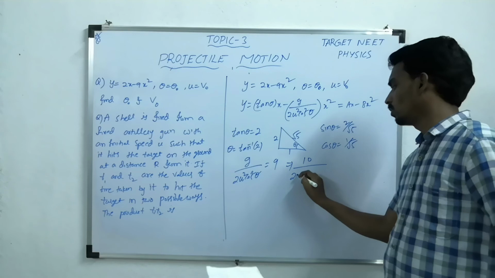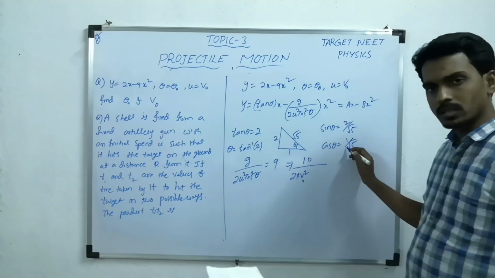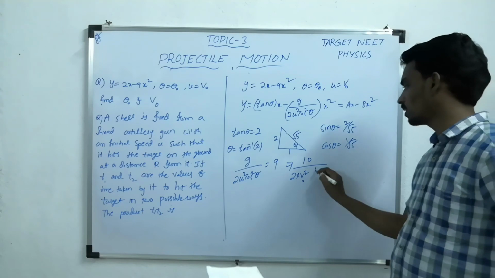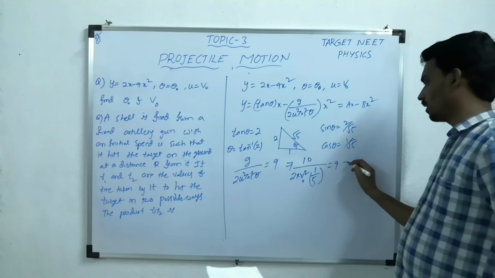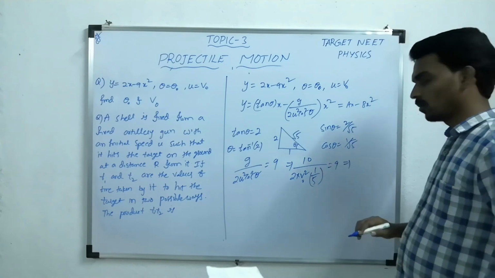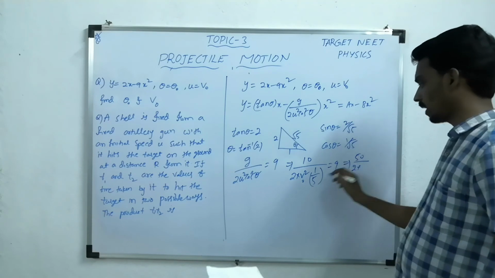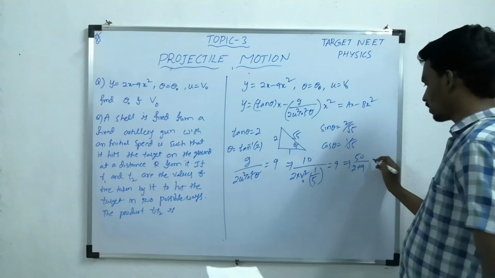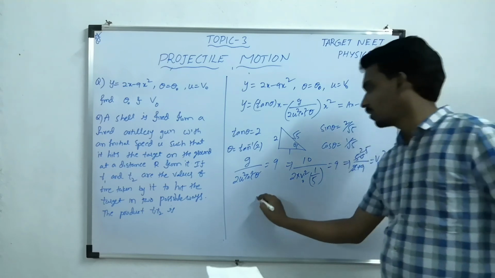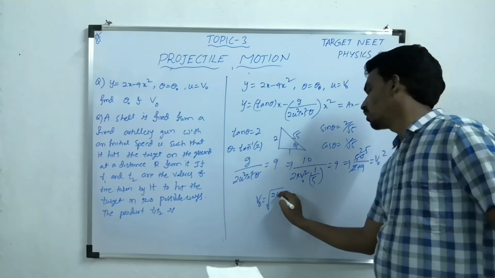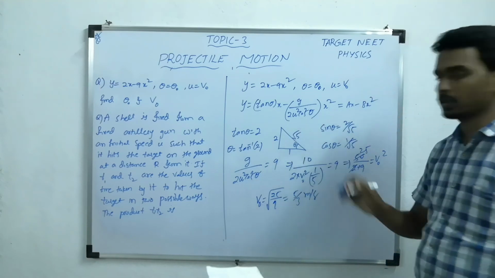So 10 by 2 into v naught square, cos square theta; cos theta is 1 by root 5, so cos square theta is 1 by 5, equal to 9. Then this 5 will go up, so 50 by 2 into 9 comes to this side, and v naught square you take this side. 2 25s are 50, then v naught is under root 25 by 9, which is 5 by 3 meter per second.